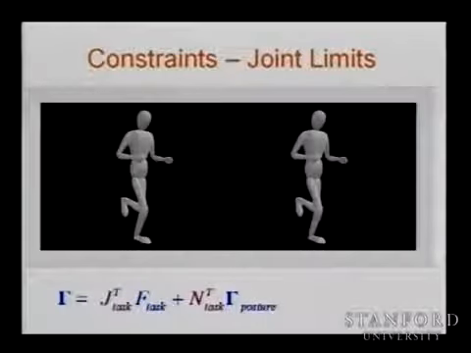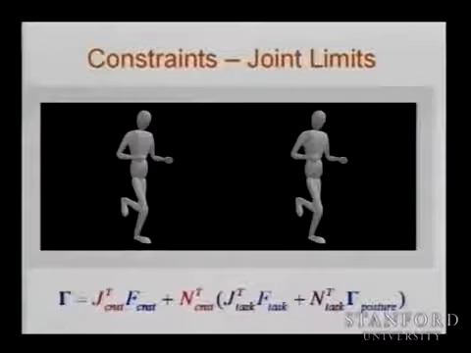Now, if you have a constraint, it has to take the highest priority. In the structure of task and posture control, we have priority. This task will not interfere with this. So if we know a constraint and we know the Jacobian of that constraint, then we can know the null space of that constraint. Then we can take this whole thing, put it in the null space of that constraint, and then control the constraint.